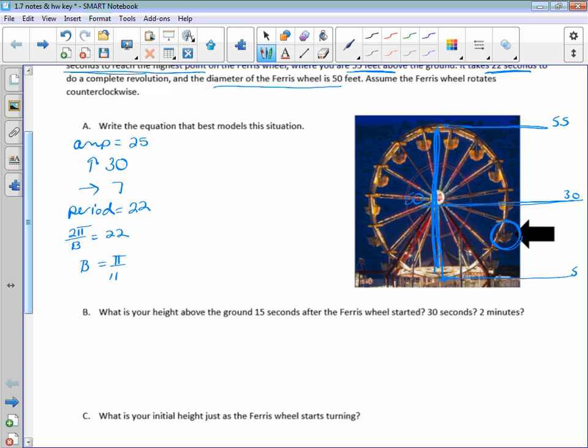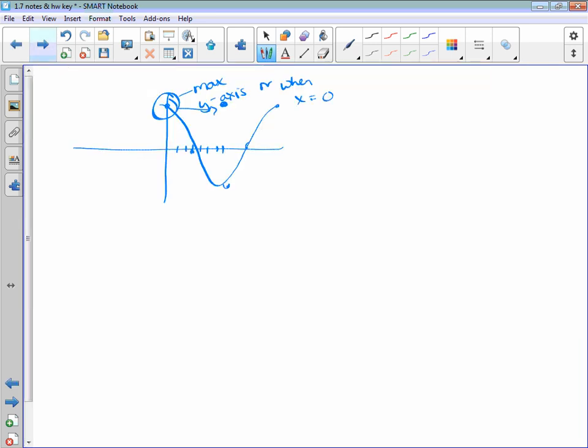Normally, if we're dealing with cosine, this is the maximum of cosine, right? And that happens at x equals 0. They tell us that the maximum for our Ferris wheel ride happens 7 seconds after it starts. So if you think on your x-axis, this is 0 seconds, 1, 2, 3, 4, 5, 6, 7.